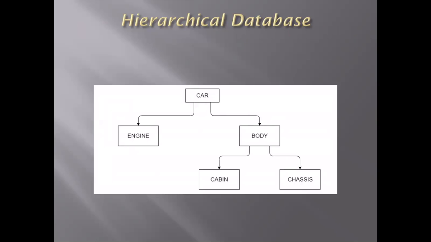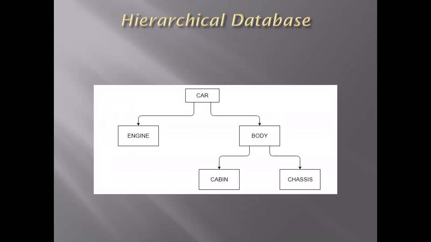The next one is the hierarchical database. That is one of the types of database. Hierarchical databases are databases which follow a tree-like structure. So here is the tree-like structure. Just imagine a family hierarchy tree. This is a kind of family, where one parent divides into multiple children.